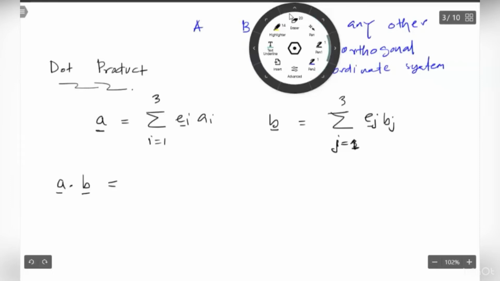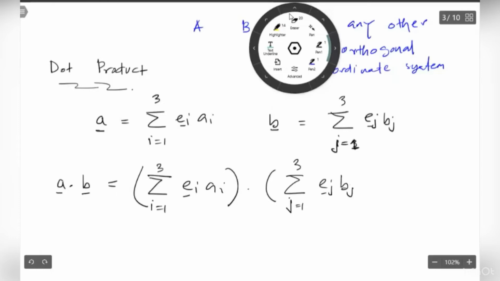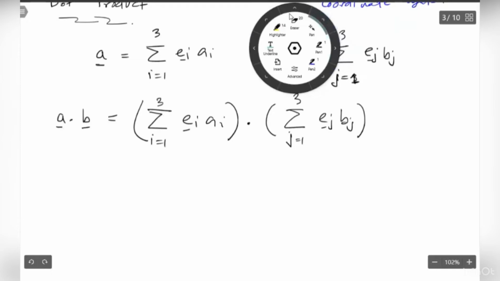Let us just take it from the very simple way here. I am writing A dot B. Now I don't know what to do, so I'm simply writing summation i equals 1 to 3 e_i a_i, dot, summation j equals 1 to 3 e_j b_j. I put a dot. Remember that the dot product is only applicable between two vectors. Let me write down what I am trying to say.